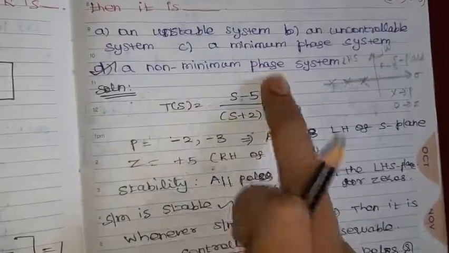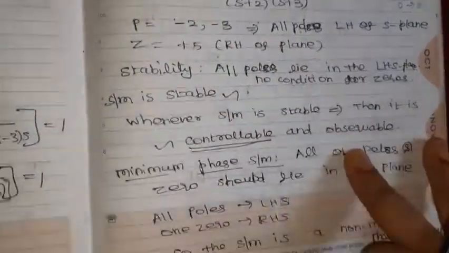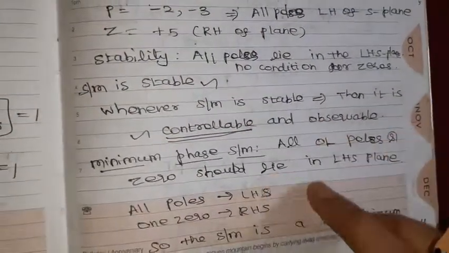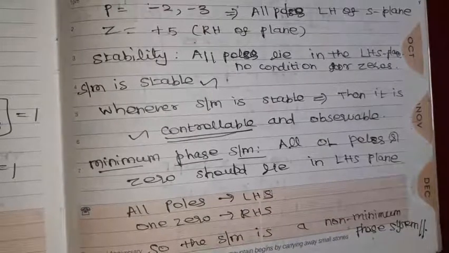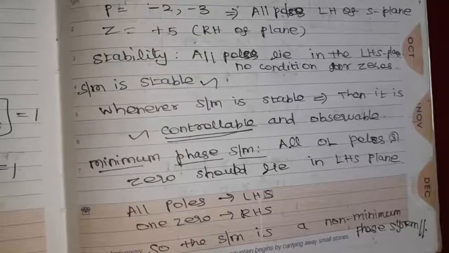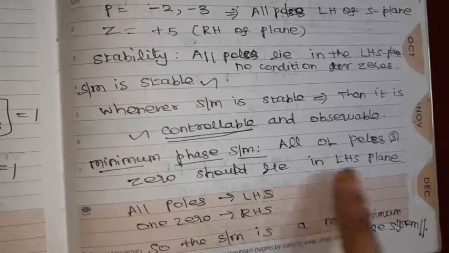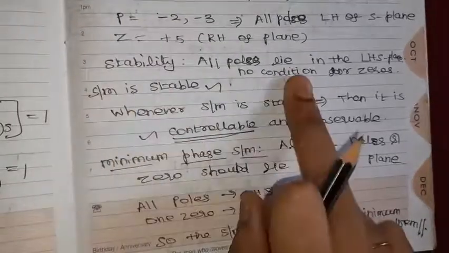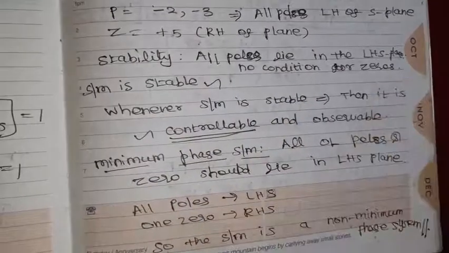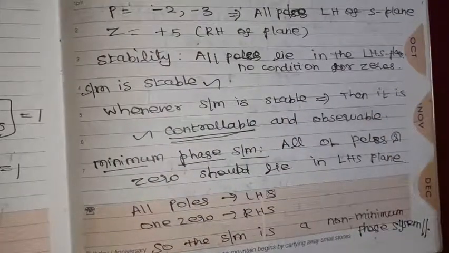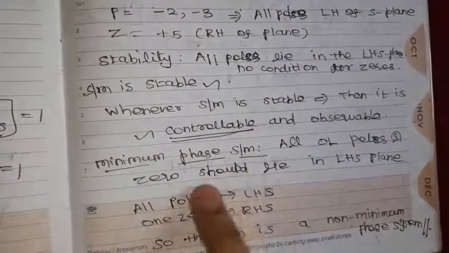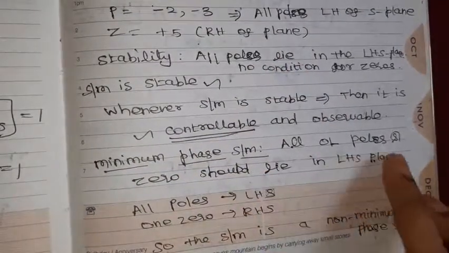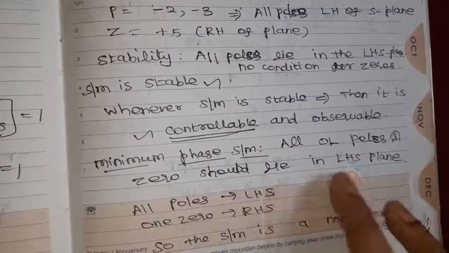Then the next one given in the option: minimum and non-minimum. First we know the minimum phase system. The condition for a minimum phase system is that all the open loop poles and zeros should lie in the left half of the S plane. For stability there is no condition for zeros; their location can be anywhere, depending only on the location of poles. Whereas for a minimum phase system, poles as well as zeros should lie in the left half of the S plane.